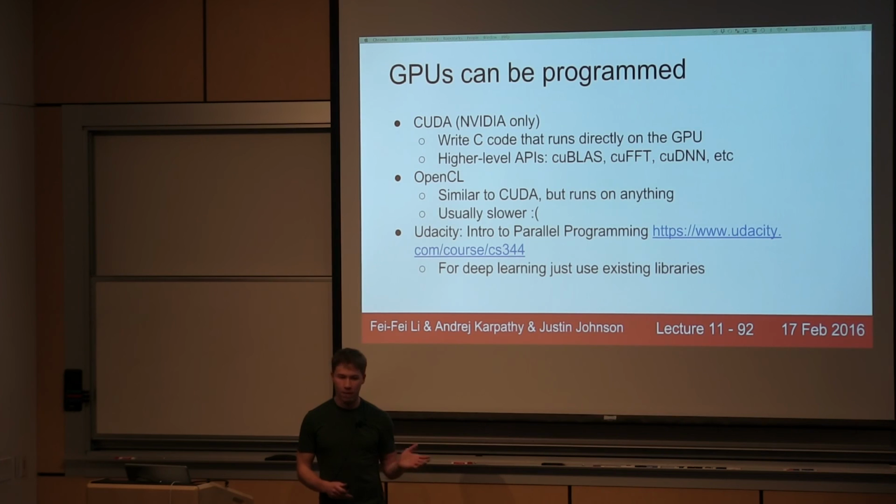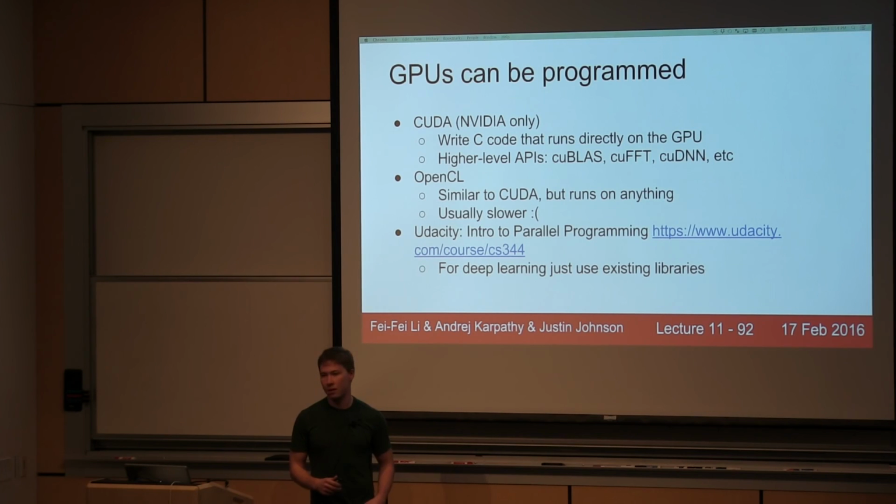From NVIDIA, we have a framework called CUDA that lets you write a variant of C to write code that runs directly on the GPU. There's a similar framework called OpenCL that works on pretty much any computational platform. Open standards are nice, and it's nice that OpenCL works everywhere, but in practice, CUDA tends to be a lot more performant and have nicer library support. So at least for deep learning, most people use CUDA instead.